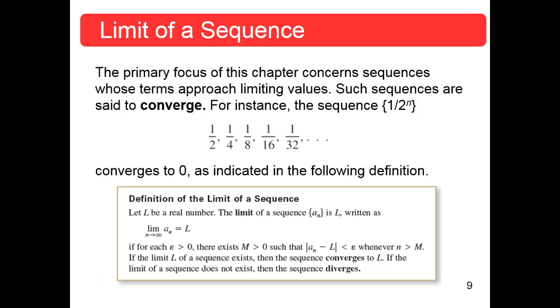Here's one. 1/2, 1/4, 1/8, 1/16, 1/32. What's the sequence here? What would be your nth term here? 1/2 to the first, 1/2 to the second, 1/2 to the third, 1/2 to the fourth, 1/2 to the fifth, so 1/2 to the nth would be that.